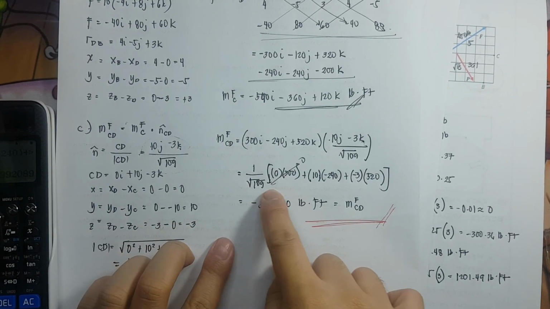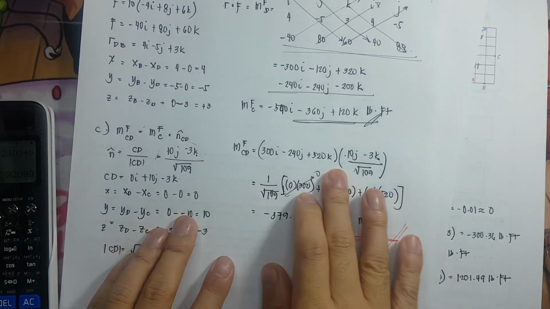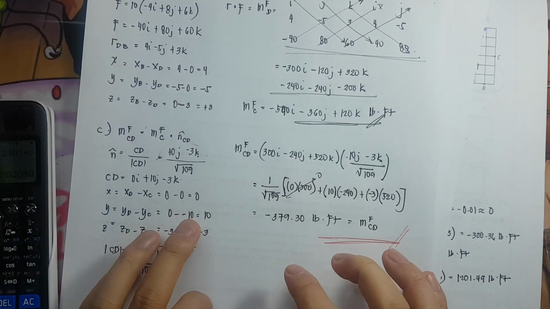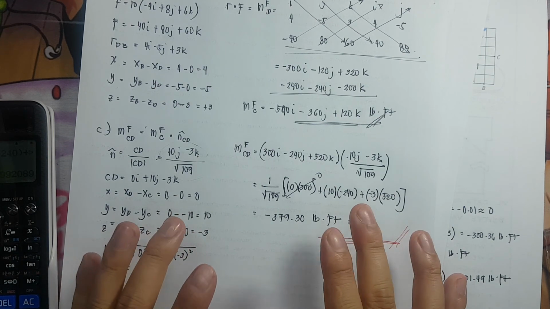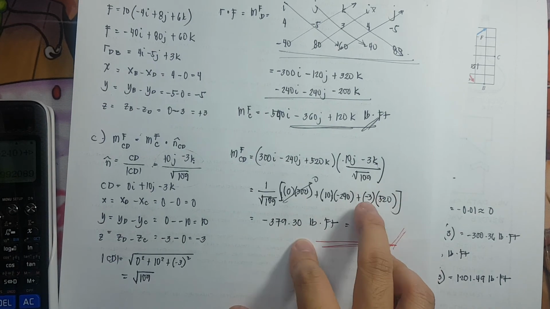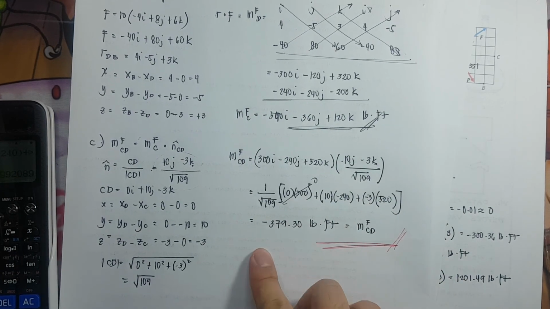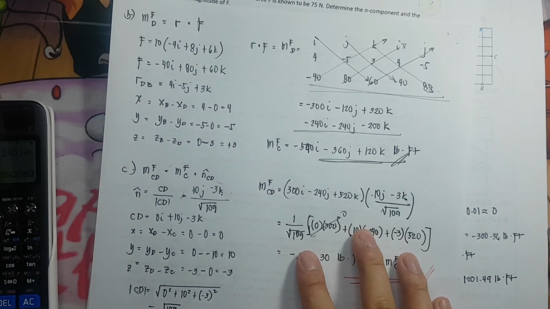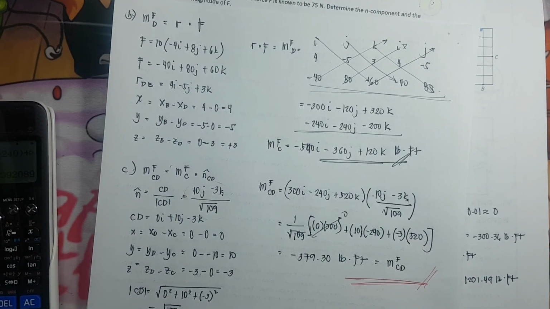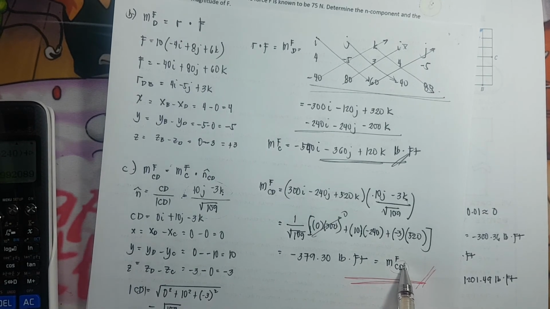Take note that the sign here is telling us the direction of our moment. What we used earlier was CD, so the direction is the opposite, it is DC.